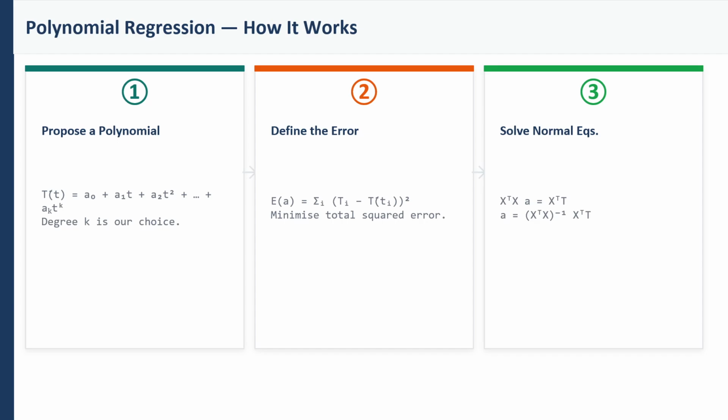That is, the partial derivatives should be equal to 0, and thus we would be solving the normal equations X transpose X times a equals X transpose t, in which case, if X transpose X is invertible, we'll be able to find our coefficients a0 to ak respectively.